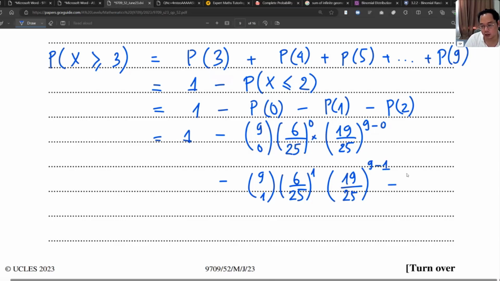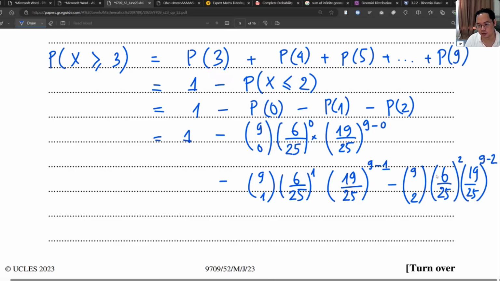And lastly, the combination 9C2, 6 over 25 to the power 2, and 19 over 25 to the power 9 minus 2. That's it. And then put all of these values into the calculator.